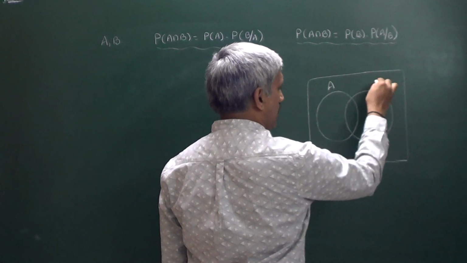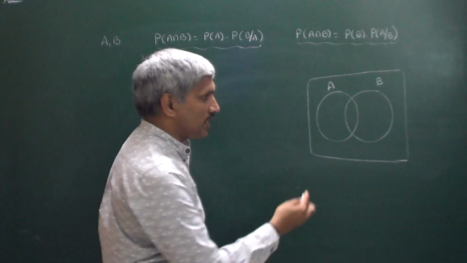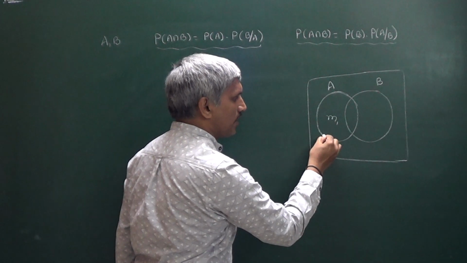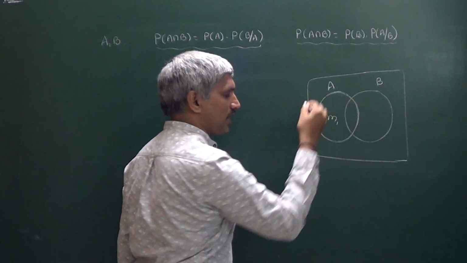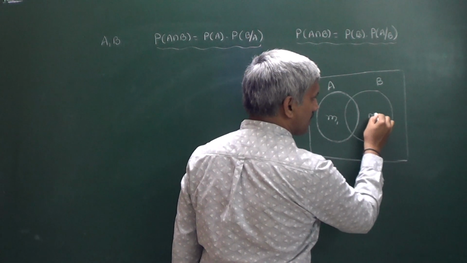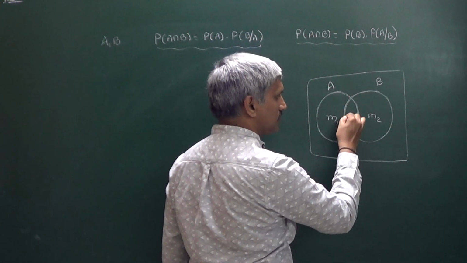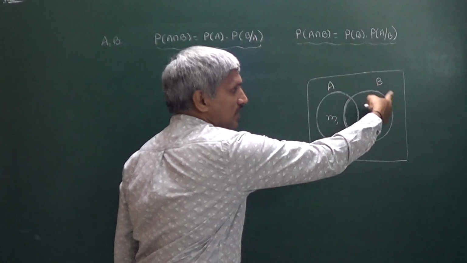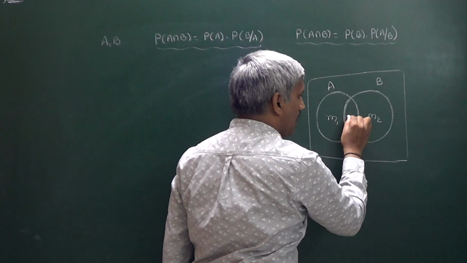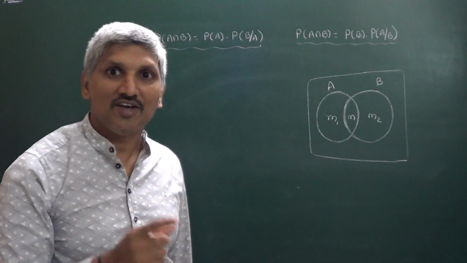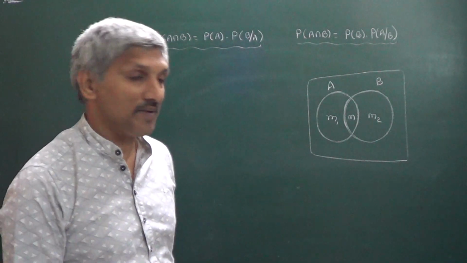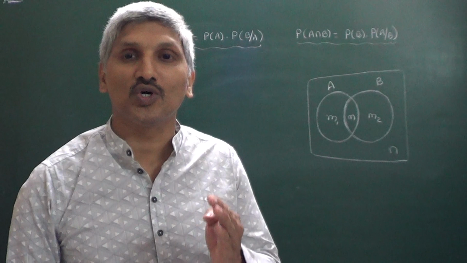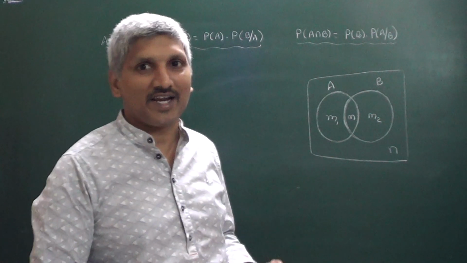This is A and this is B. Total there are M1 elementary events favorable to A and M2 elementary events favorable to B, and let M be the number of elementary events favorable to both A and B. Here N denotes the total number of elementary events associated with the sample space S of a random experiment.